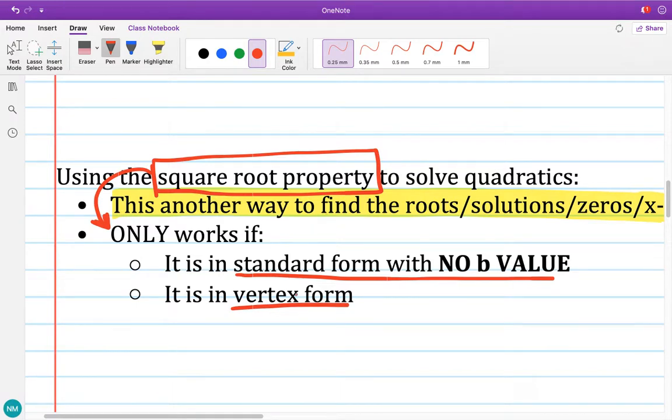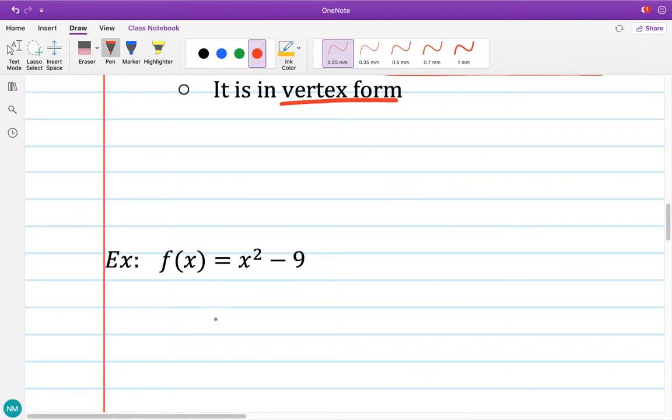It does not work. So, for example, here we have a quadratic function. This is in standard form. We have a equal to, what's here? It is a 1. b is not there, right? There's no x term, so b is 0 and c is negative 9. We can use the property, okay?